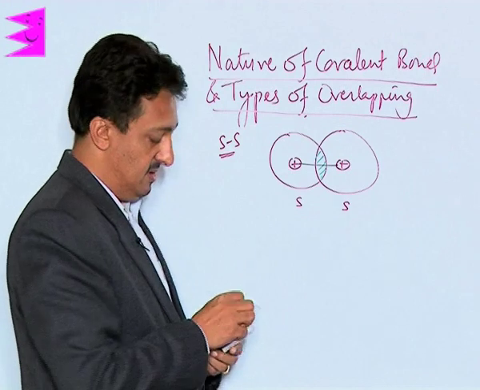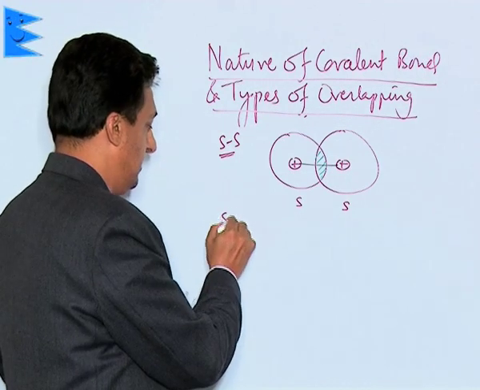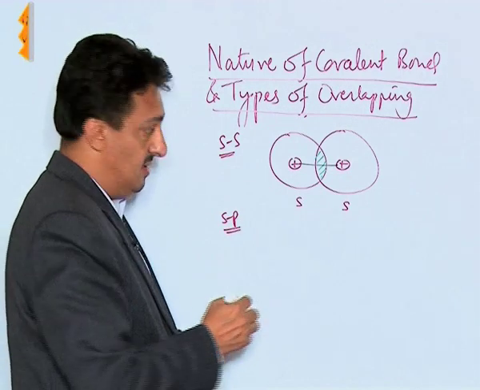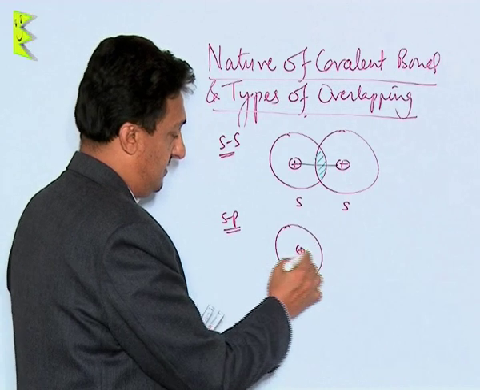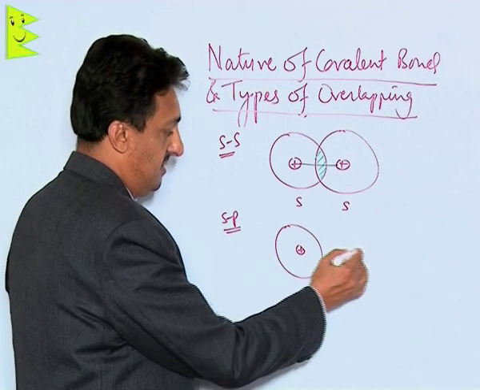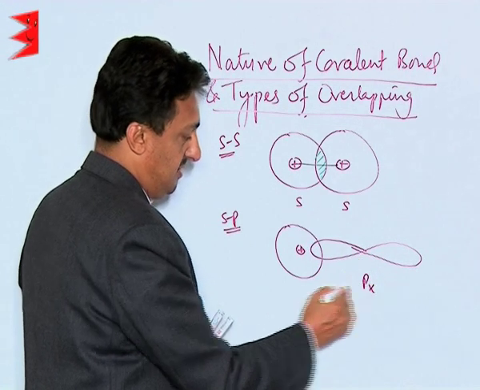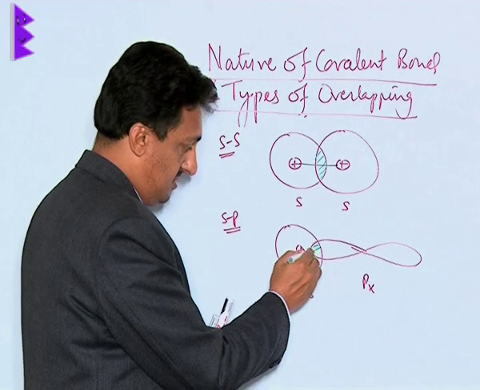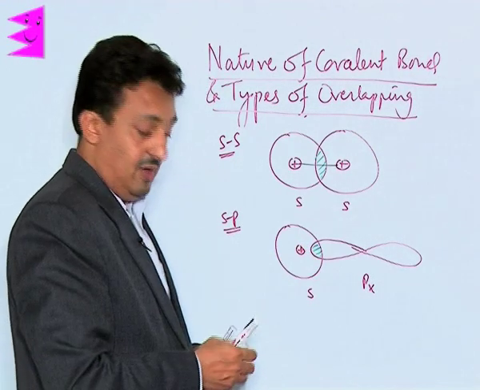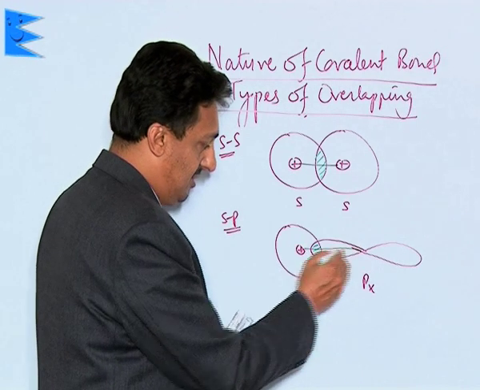Now let us see the s-p overlapping. In this case, one of the s orbitals of one of the atoms combines with the px orbital of the other. This overlapping is the one leading to the formation of the bond, and this is the internuclear axis.